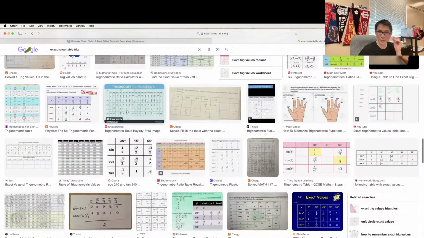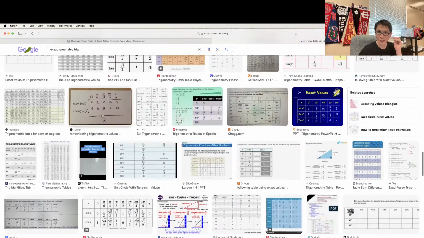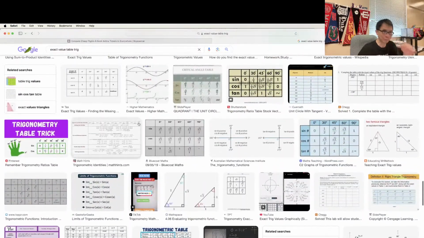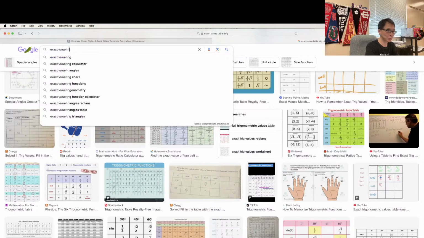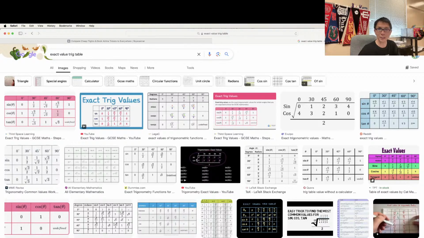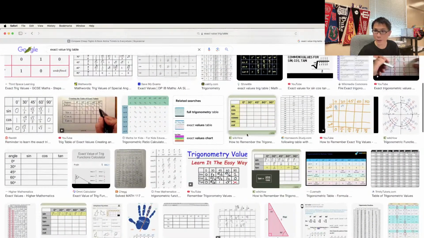I'm trying to look for this table that is very hard to find now. This is a very interesting one. But I cannot find it. Exact value trig table. It's becoming so obsolete that nobody ever sees it anymore.